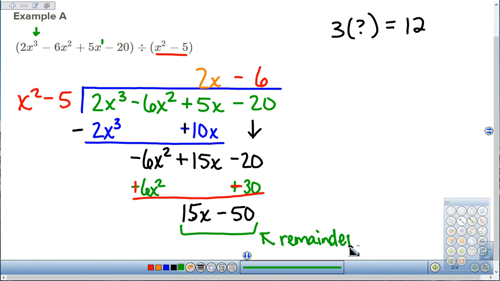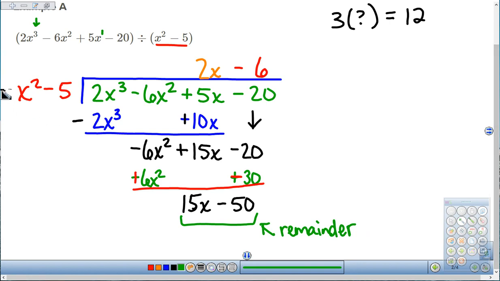So a couple things to take from this. First of all, x squared minus 5 is not a factor of this polynomial because we had a remainder. Think about that. If I were doing 12 divided by 5, we would get 2, because 5 goes into 12 twice. 2 times 5 is 10.